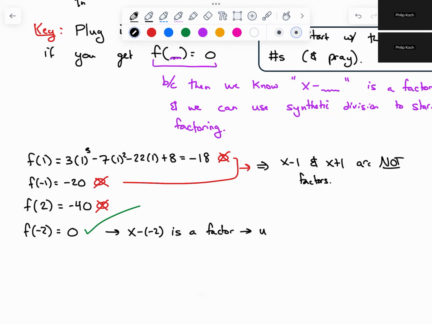So we can use synthetic division to break f down. I'll recap that before we continue onwards once everyone's finished writing.